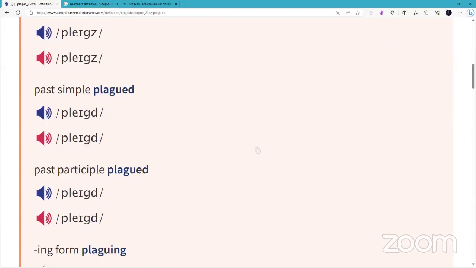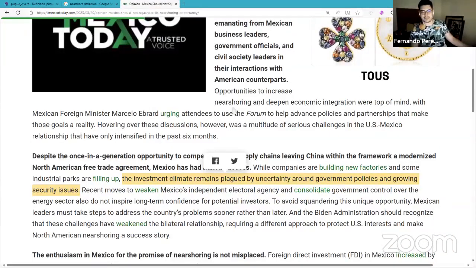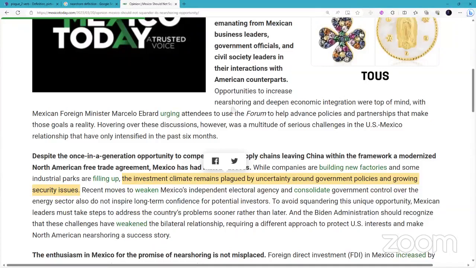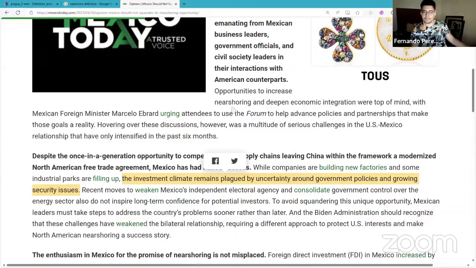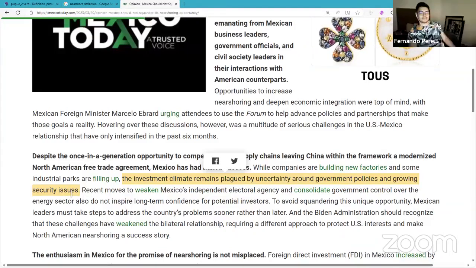Plagued. Perfect. So what happens to the investment climate? The investment climate remains plagued by uncertainty around government policies and growing security issues. Correct. Perfect.